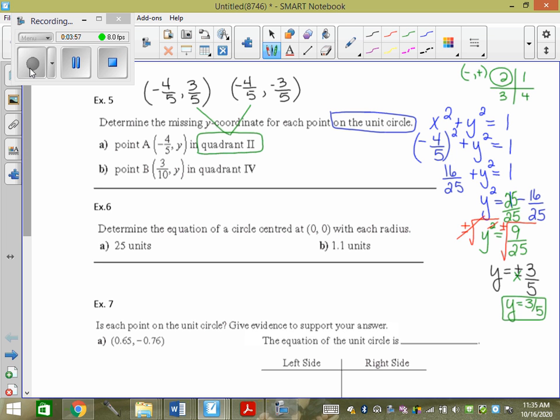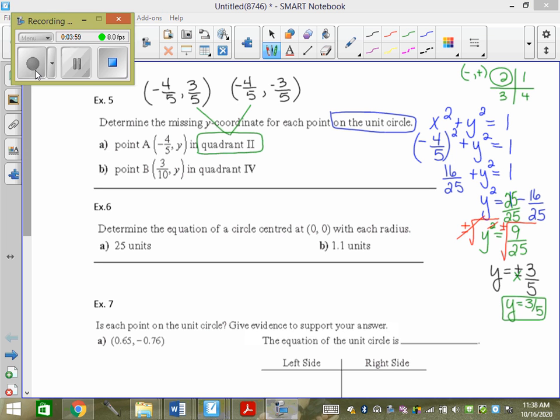You try B. So this one we're going to go 3 over 10 squared plus y squared equals 1. 3 over 10 squared is 9 over 100 plus y squared equals 1.